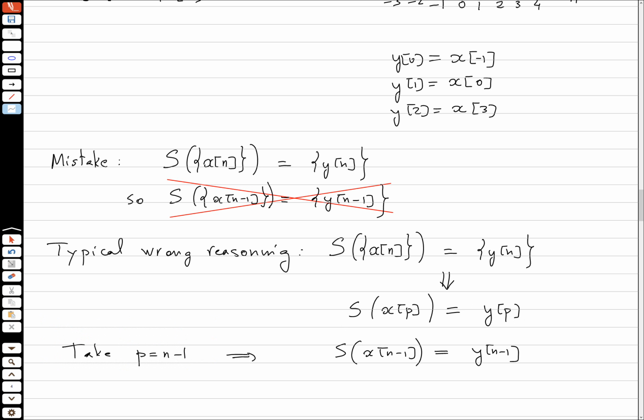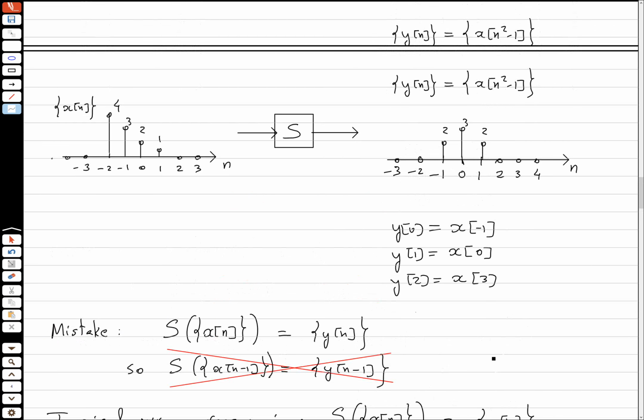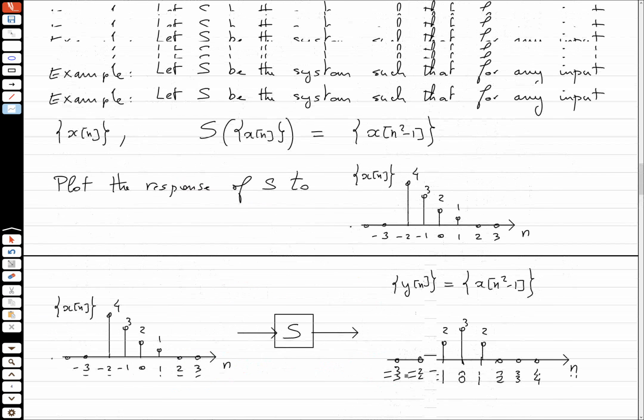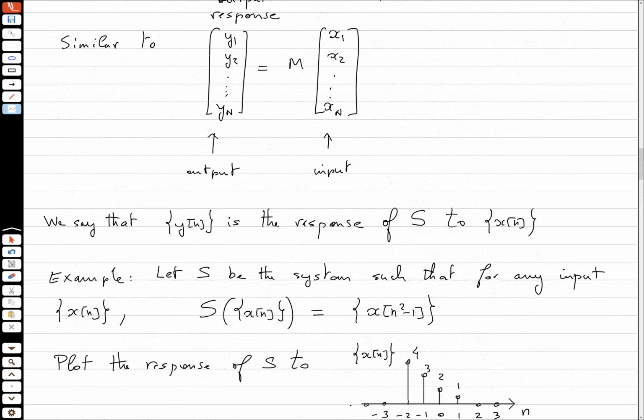When you write this, you transform one number into a number at the same instant. But that's not true because remember, for example, think of the matrix transformation.